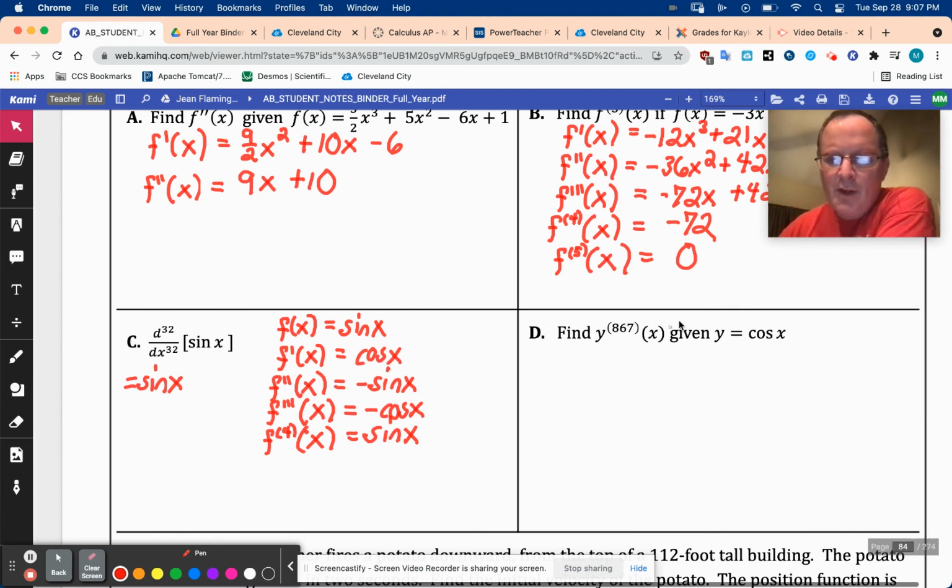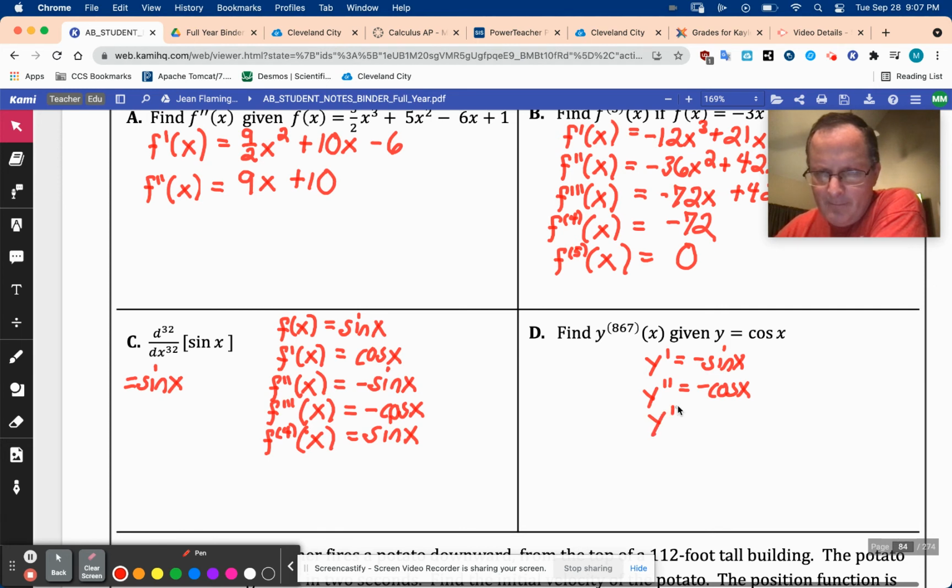All right, so what about cosine then? So let's say y prime is negative sine. Okay, y double prime is negative cosine. All right, y triple prime is sine.